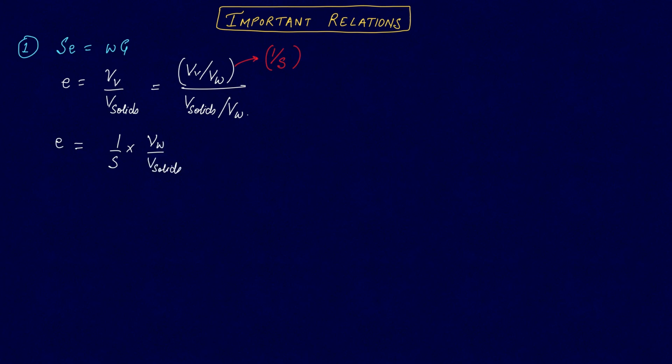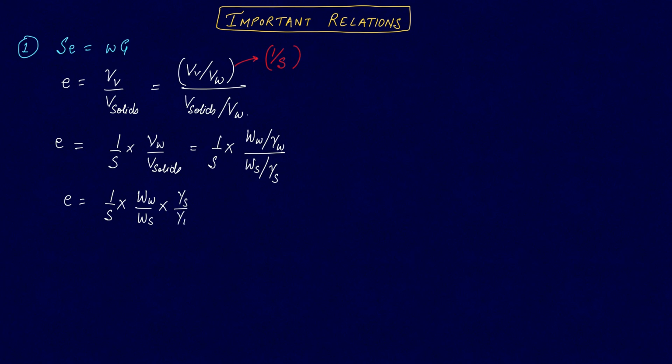Now volume is equal to weight divided by gamma. So the volume of water is the weight of water divided by the gamma of water, and in the same way, the volume of solids is the weight of solids divided by the gamma of solids. It can again be written as 1 over S times Ww divided by Ws times gamma s over gamma w.